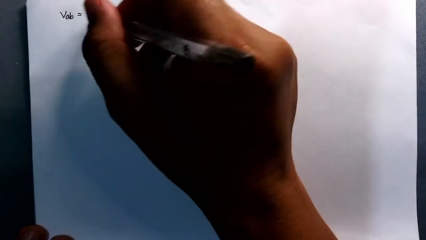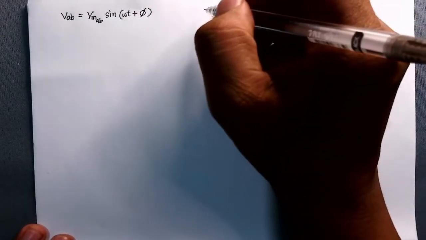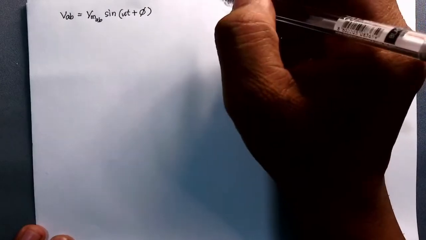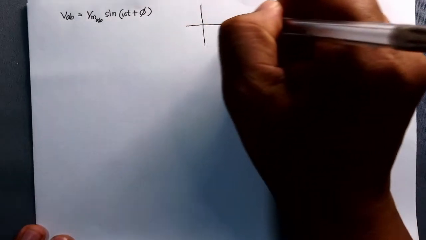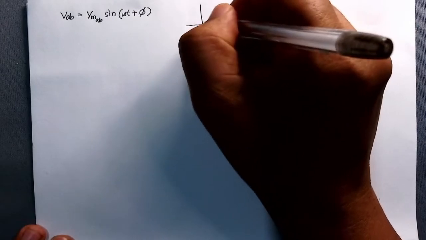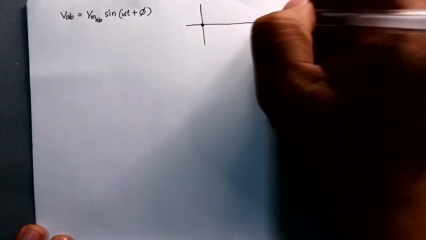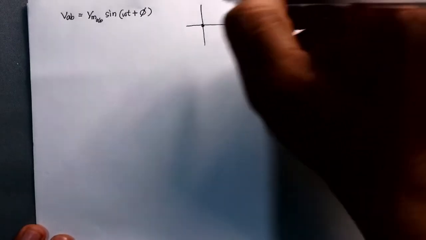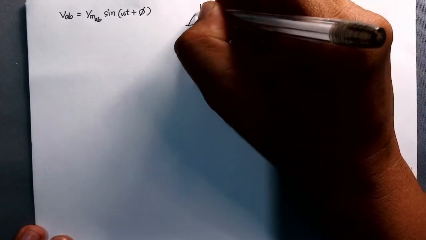So this V sub AB can be represented by a graphical representation of the sinusoidal waveform like this one. So we have here a y and x plane. This is the x-axis and the y-axis, and this is the origin. And your waveform will be like this one.